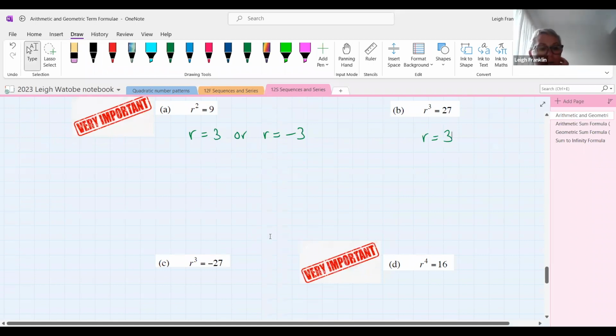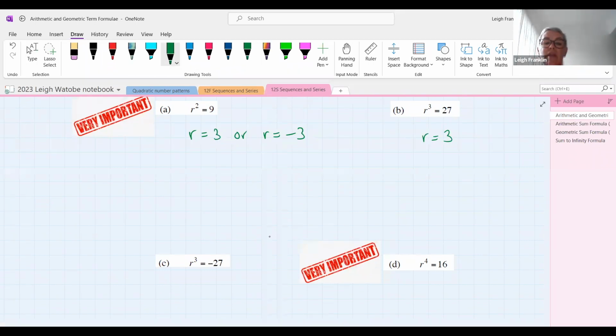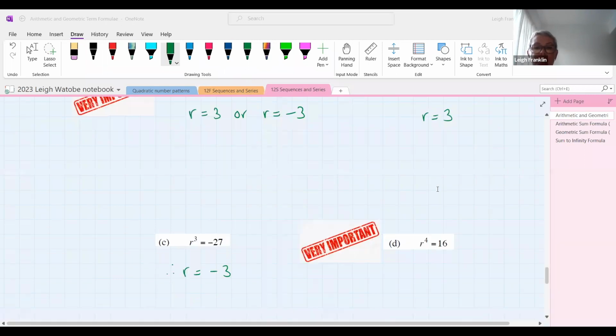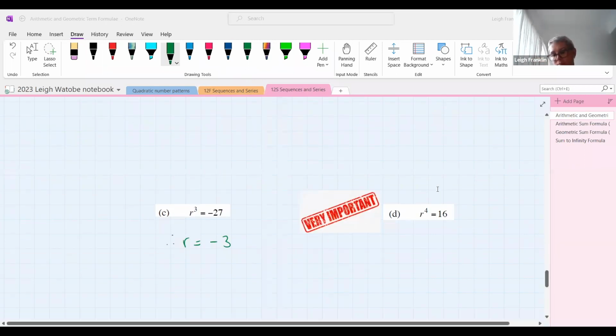Now, let's have a look. If I say that r cubed is equal to -27, what is r equal to? R is equal to -3. That's quite right, because -3 times -3 times -3 is -27. Good job. And in D, will there be more than one answer?